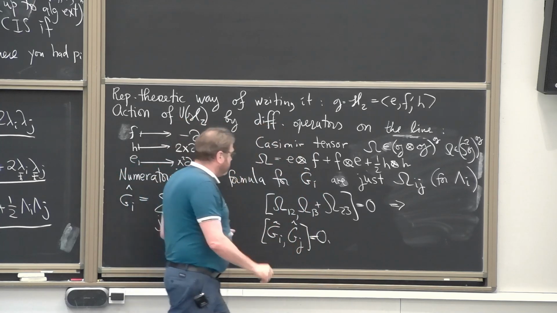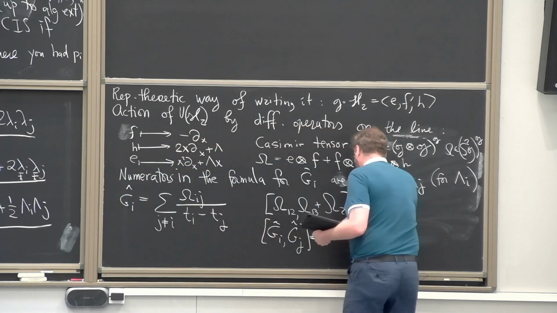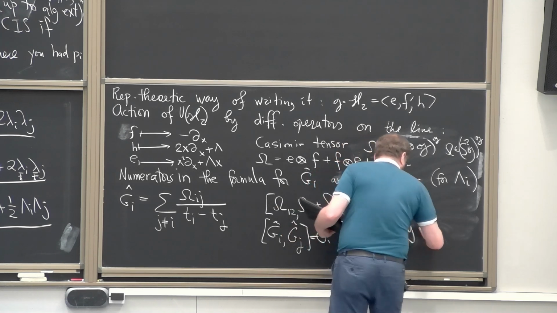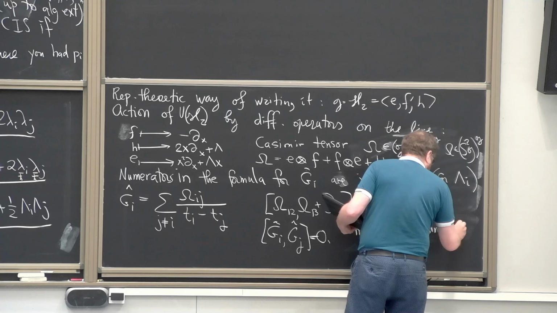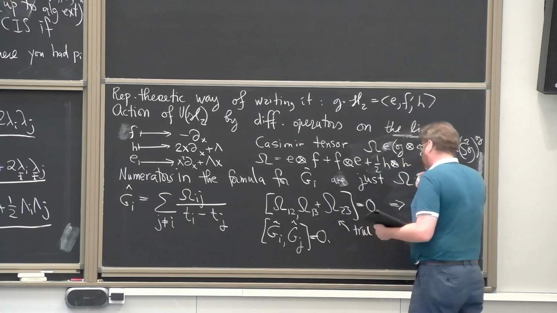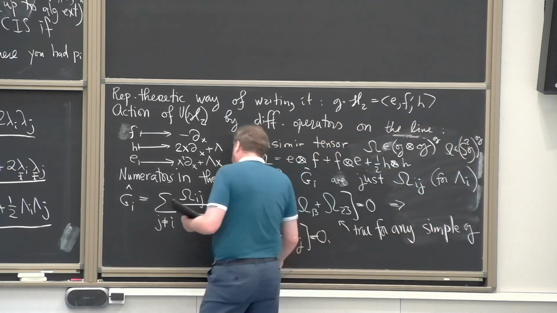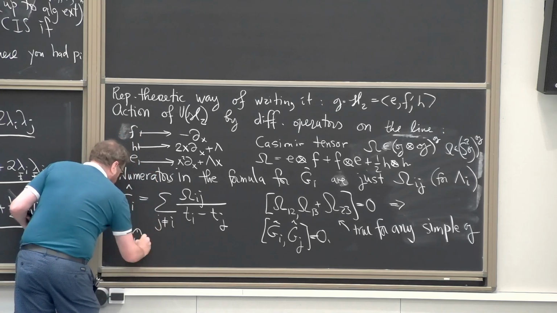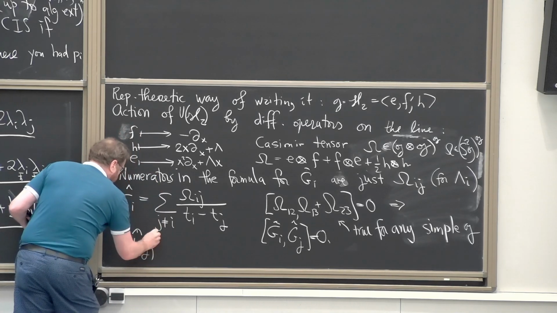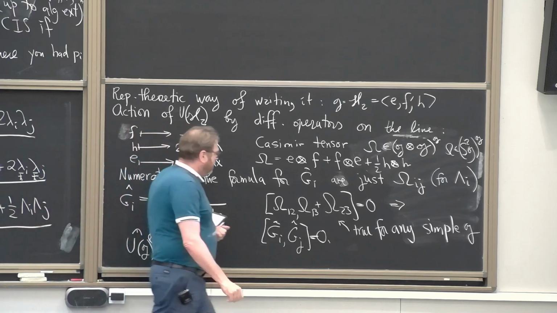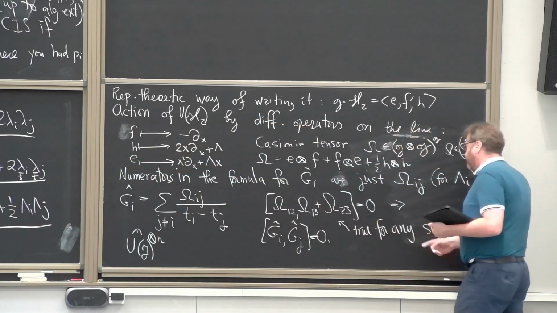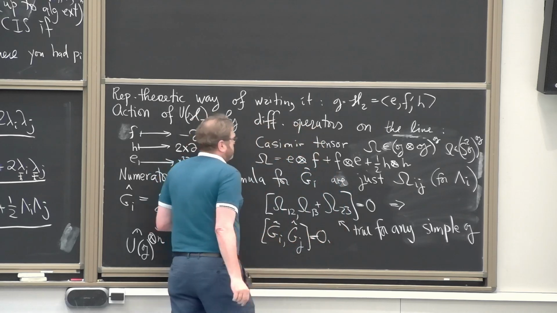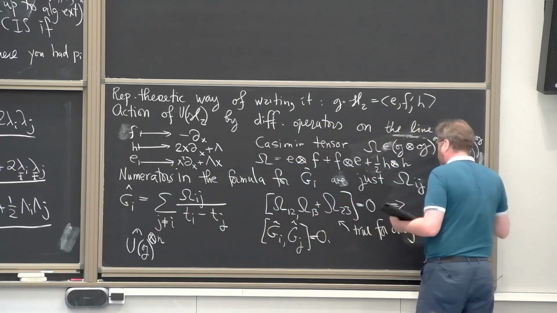And note that this is, in fact, true for any simple Lie algebra g. So we should think of these operators as elements of the enveloping algebra of g to the power n. And this is true for any simple or semi-simple Lie algebra g, because all it uses is that this thing is invariant.